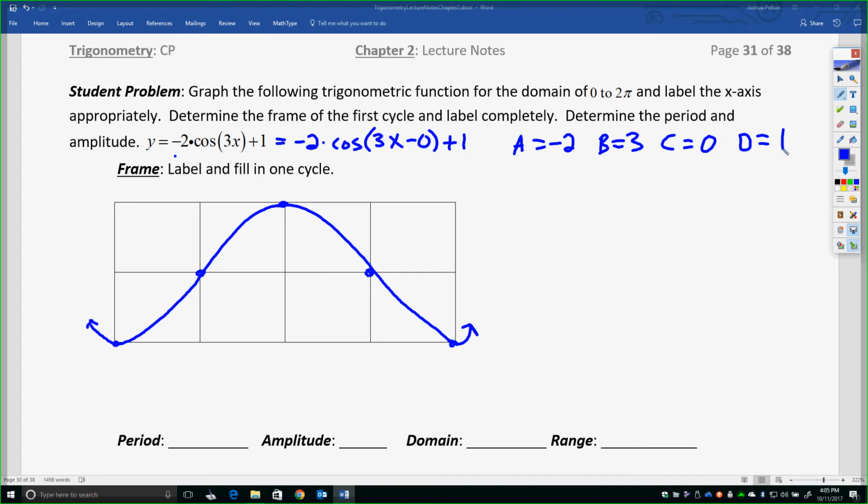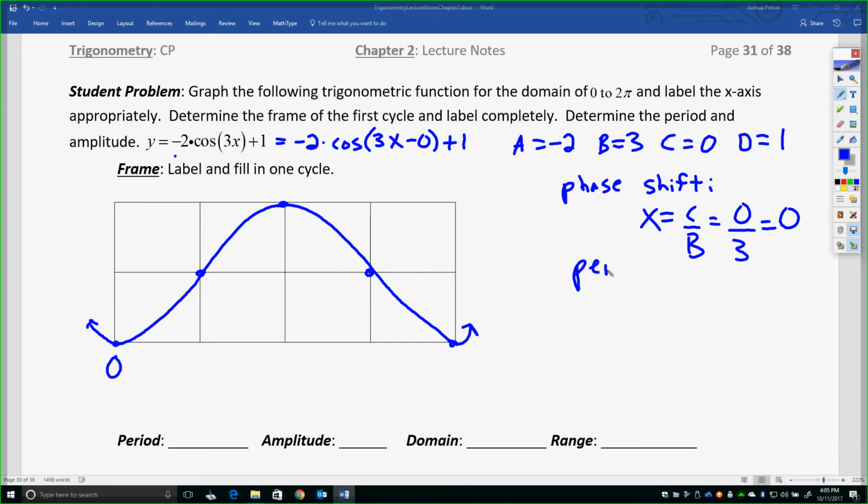Okay, so let's get our initial value. So we need our phase shift. So the phase shift is x equals c over b. C in this case is 0, and b is 3, so we have no phase shift. So in fact, this graph actually starts at 0. Okay, now we need our period.